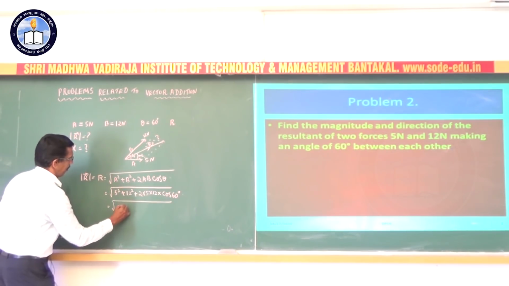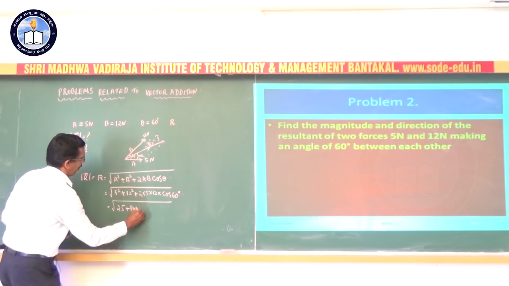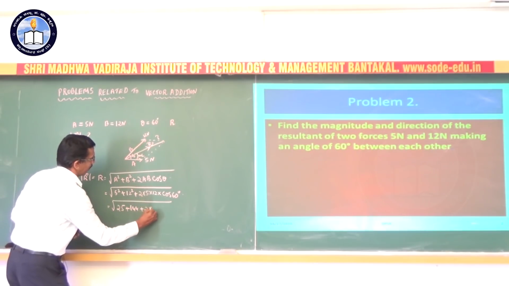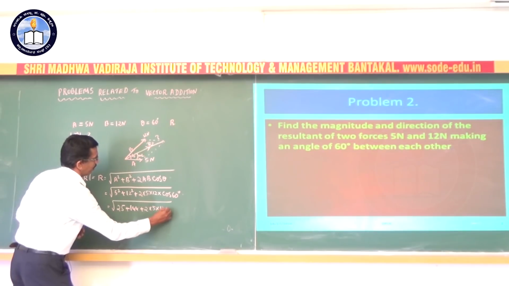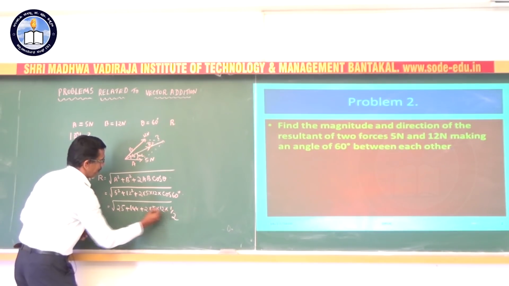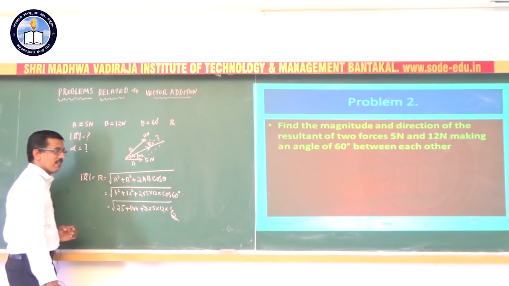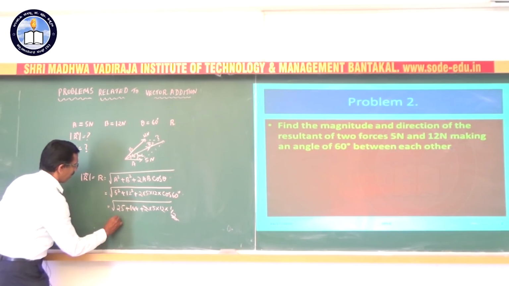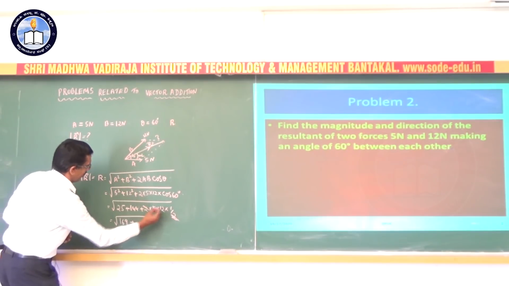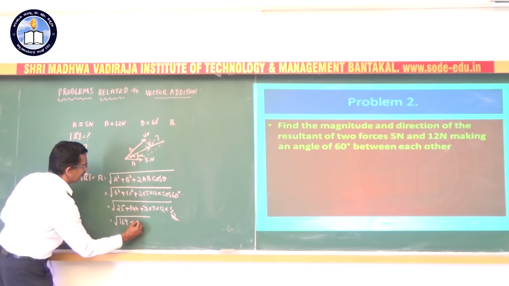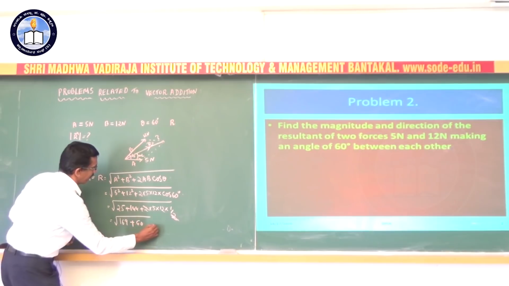25 plus 144 plus 2 into 5 into 12 into cos 60 degree, which is half. This 2 cancels. So square root of 169 plus 12 fives are 60.